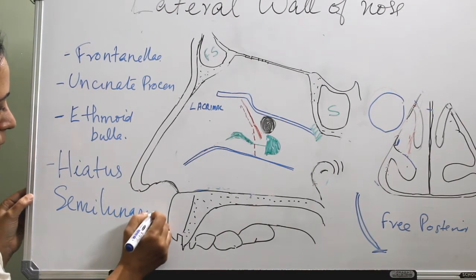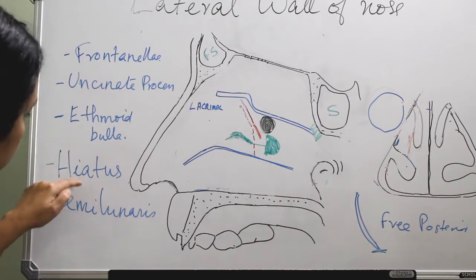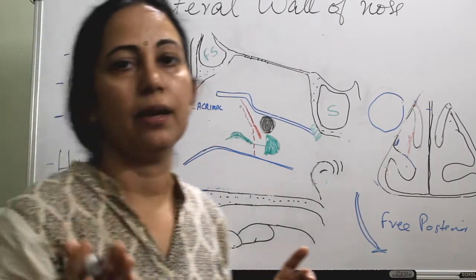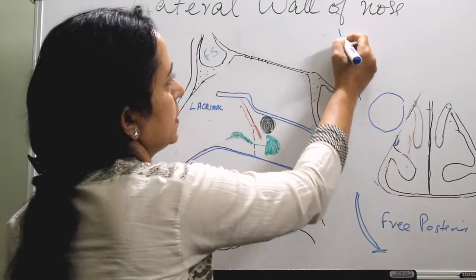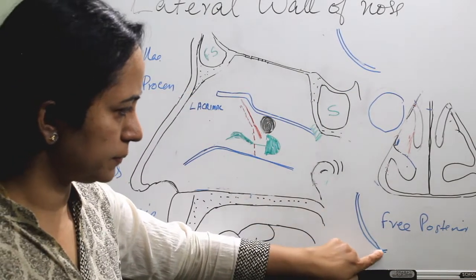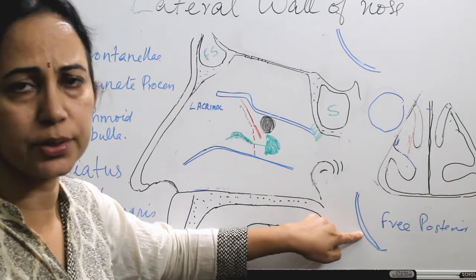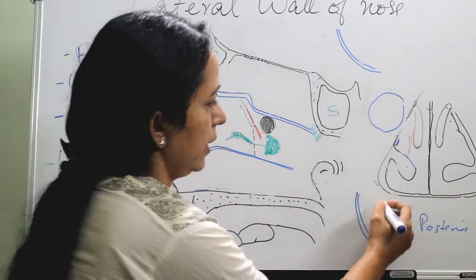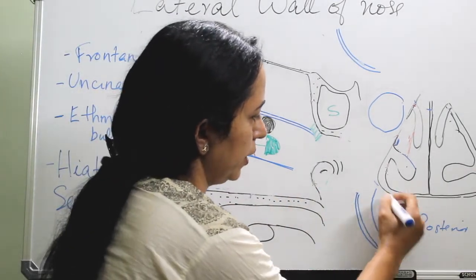Hiatus means opening, semilunaris means crescent shaped. Because this uncinate process, I told you, is crescent shaped, and here comes your ethmoid bulla.